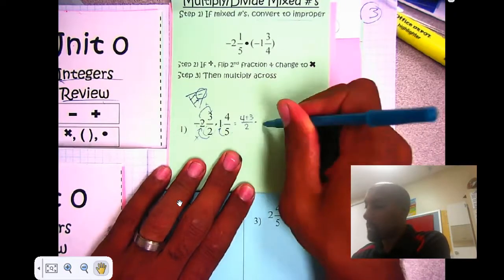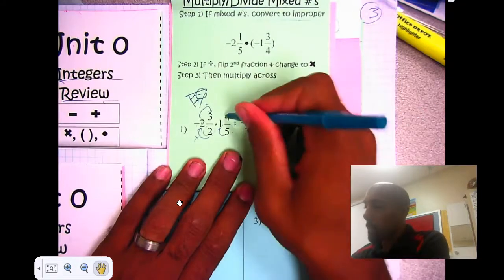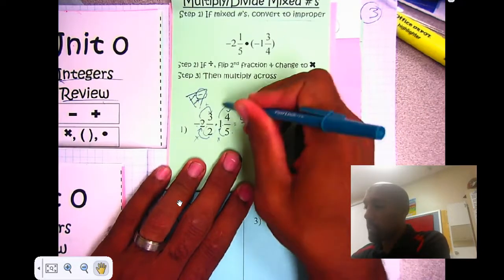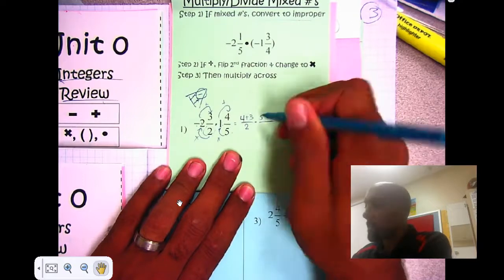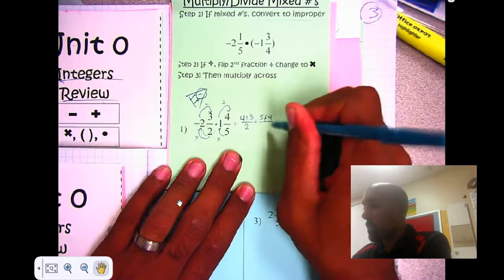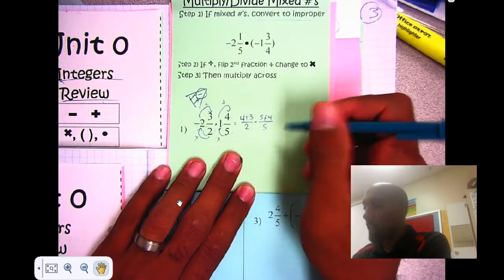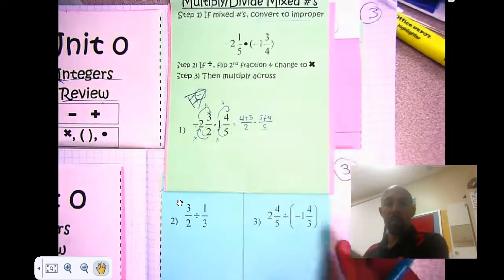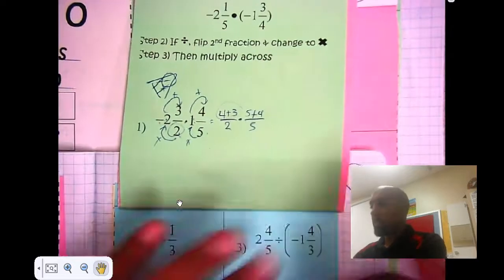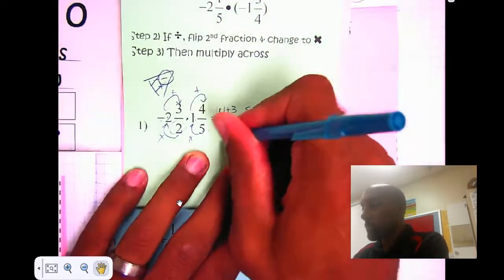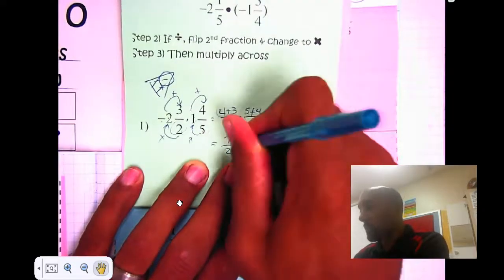5 times the 1. Okay, plus, remember, multiply it, then plus the number on the top, which is 4. And then I put the 5 on the bottom. Now again, first we're going to do 4 plus 3 and 5 plus 4 on the top. So 7 over 2.